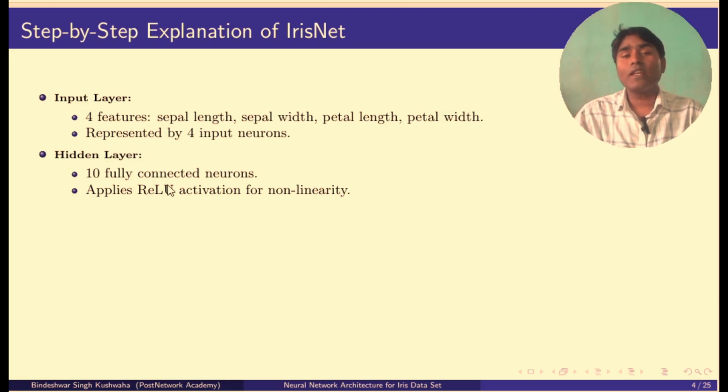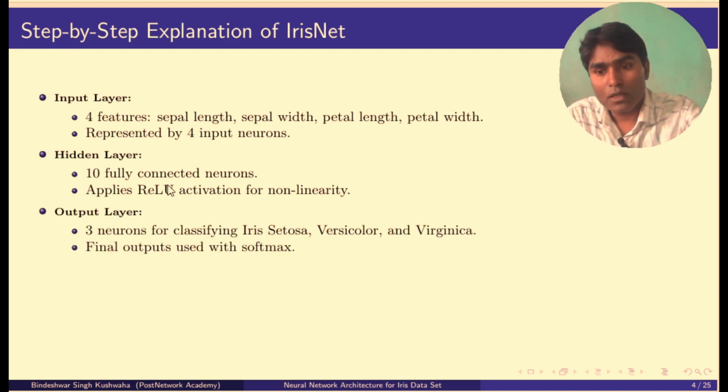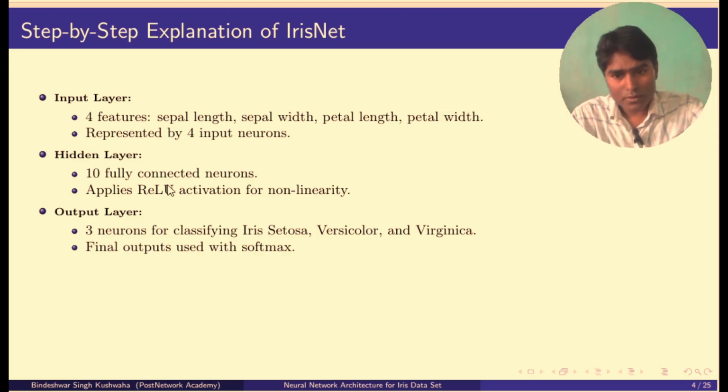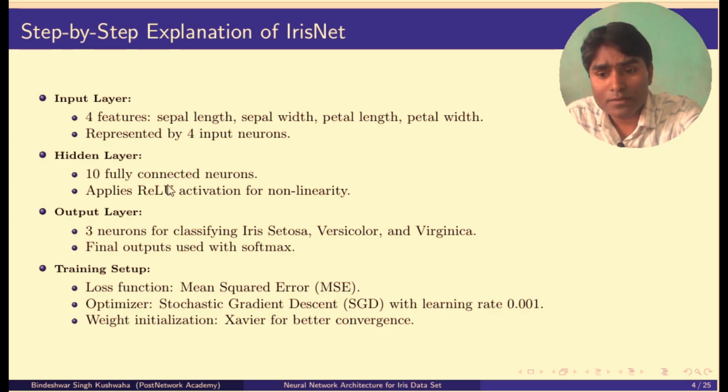In the hidden layer, there are 10 neurons, and we will use ReLU activation for non-linearity. Otherwise, it would be a linear equation that separates the data points. So we use an activation function to introduce non-linearity. In the output layer, there are three neurons for classifying Iris Setosa, Versicolor and Virginica, and that would be the final output with softmax.